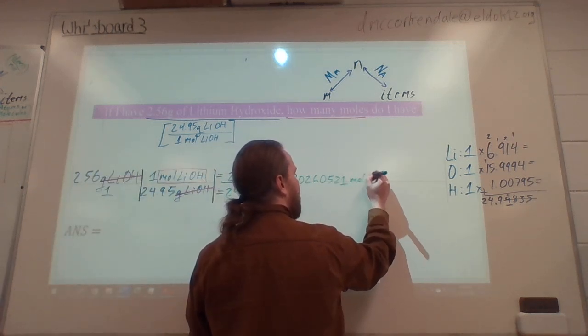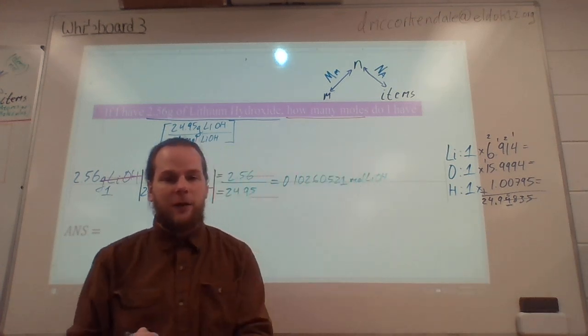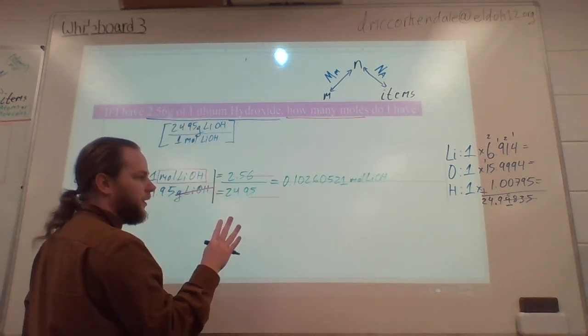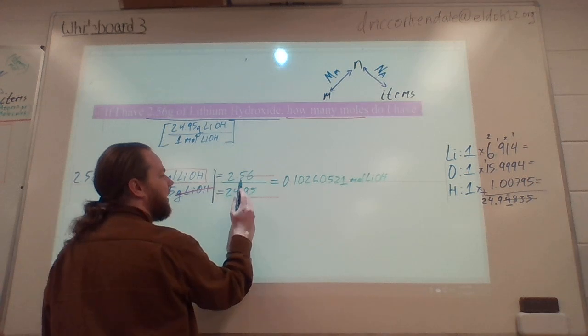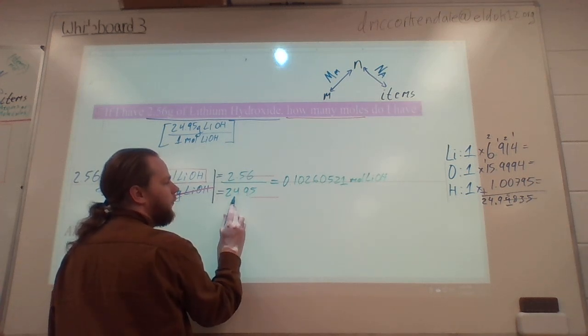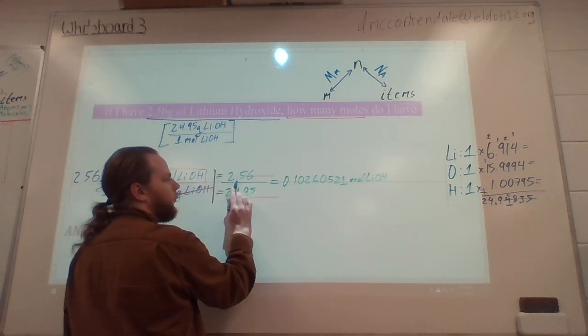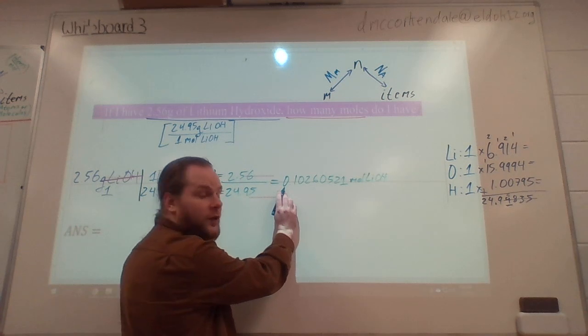So moles of lithium hydroxide. But that is not our final answer, because again, sig figs. We have to make sure we're keeping the correct number of digits. So we have 3 digits in this number, 4 digits in this number, so this number cannot have more than 3. Leading 0 here does not count, not a sig fig.